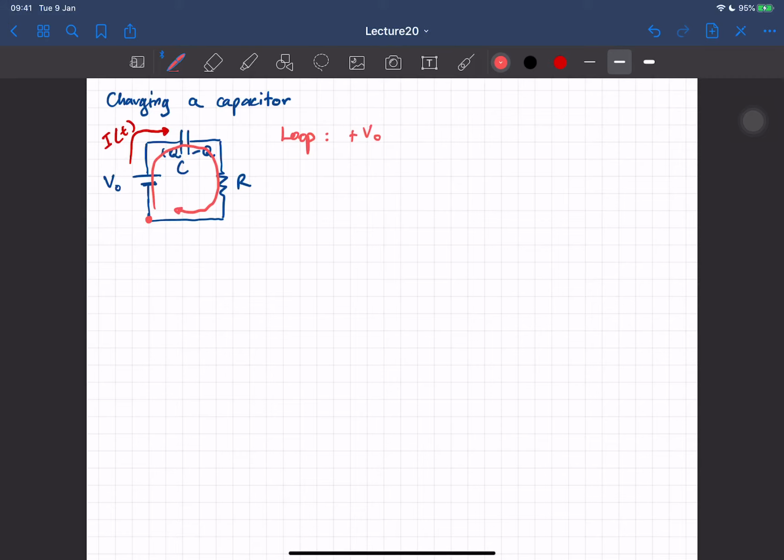Now, when we go across the capacitor, in this case, we're going across from positive to negative. So it's kind of like a battery connected in reverse. That's why we need a minus sign here, minus VC, instead of plus. This is because we go from the positive side to the negative side of the capacitor.